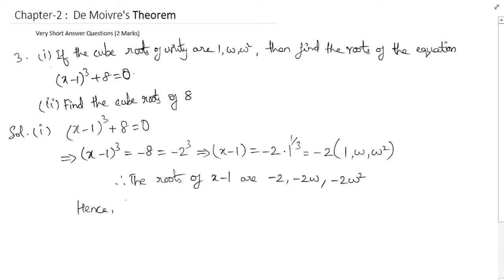Hence, the roots of x are minus 1, 1 minus 2 omega, 1 minus 2 omega squared.